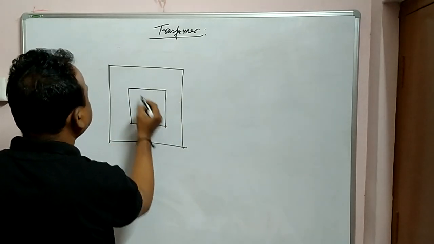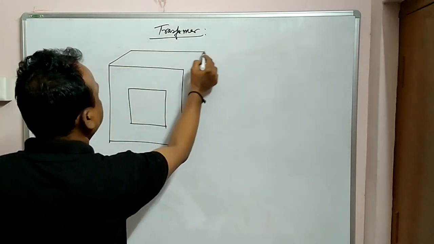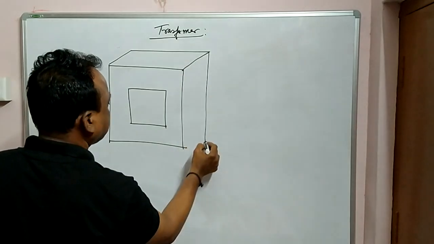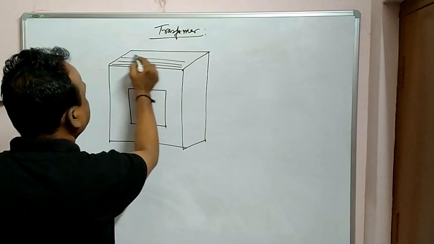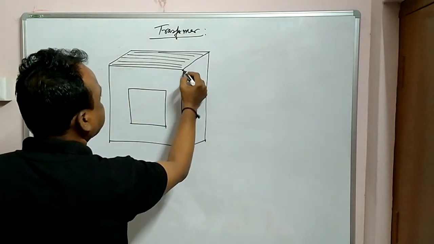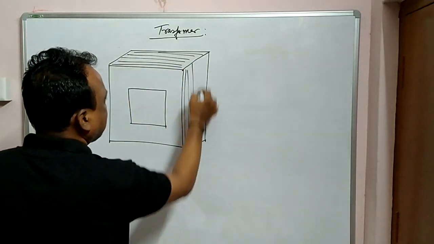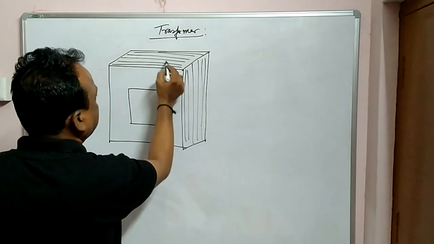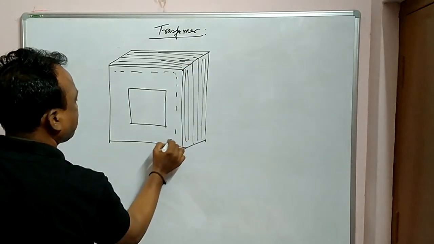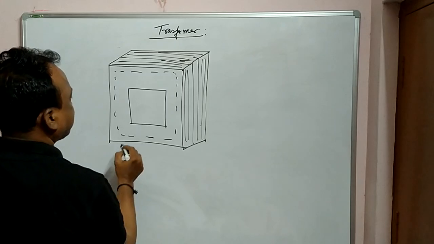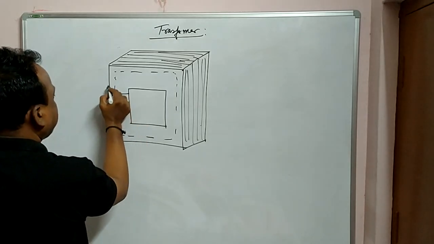In this way, if you take, these are the laminated sheets arranged inside the transformer, the soft iron core, the dotted line is the soft iron core, and here the number of turns.